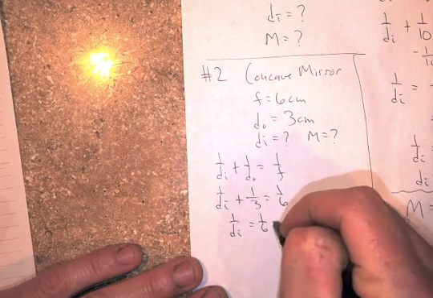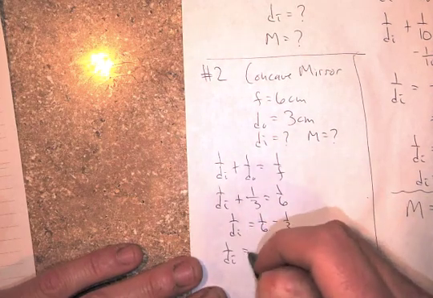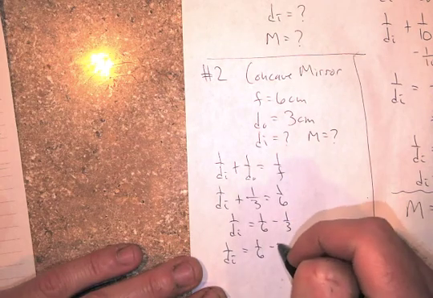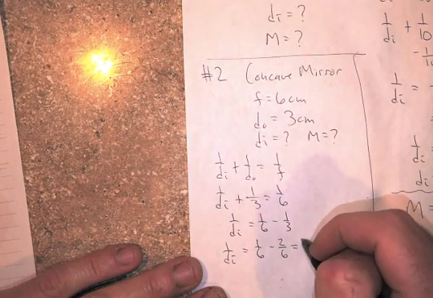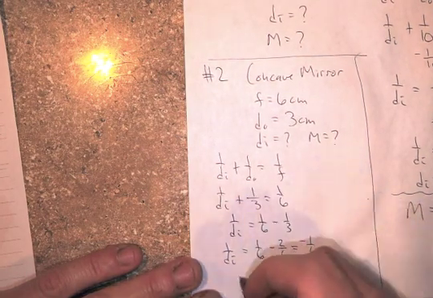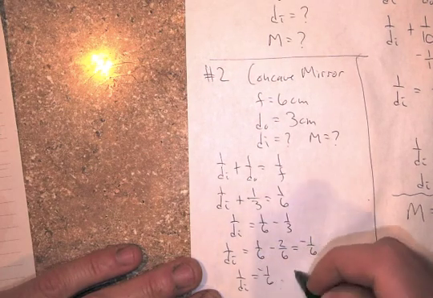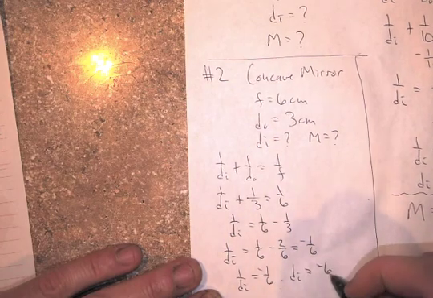So 1/6 minus 1/3. 1/6 minus 2/6, right? Negative 1/6, right? Okay, so if I got 1 over di equals negative 1 over 6, that means di, just do the reciprocal, would be negative 6 over 1.